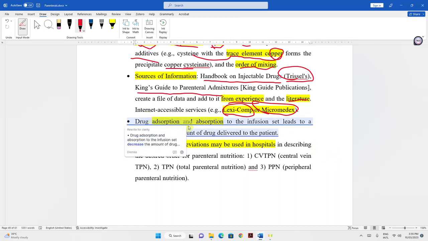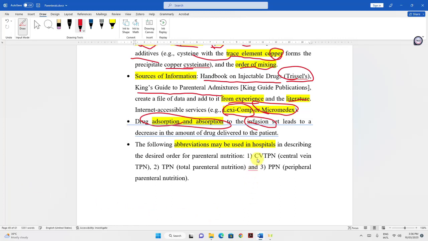Also you need to pay attention that the infusion set itself might adsorb and absorb some of the drugs or some of the elements that you might add to the infusion bag. This is not a problem unless the amount you are adding is small. Suppose I'm adding a small quantity of drug and then some of this drug gets absorbed, then this is a problem.